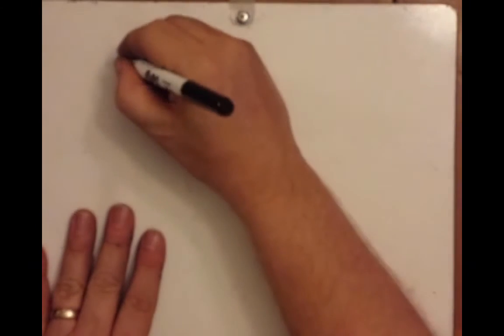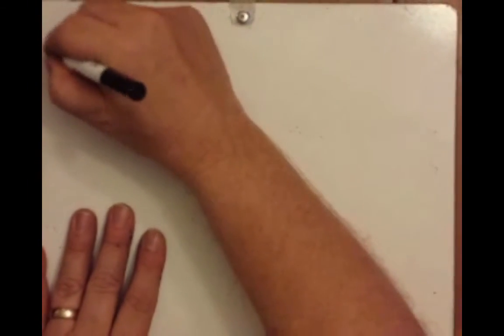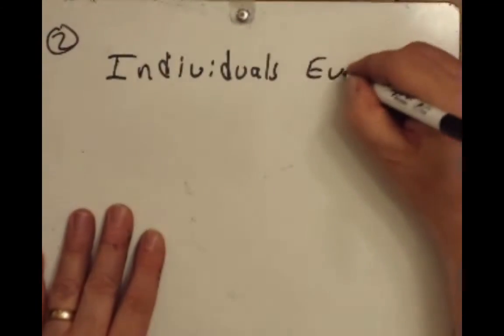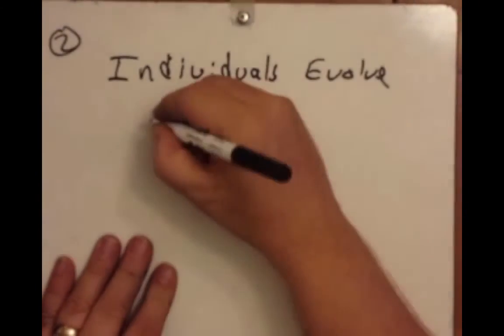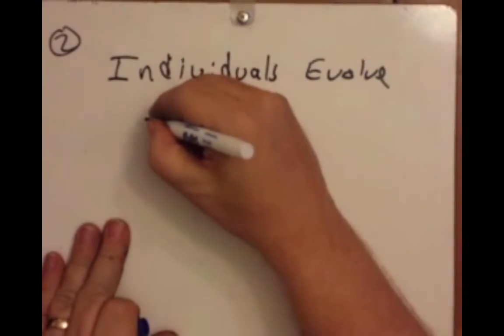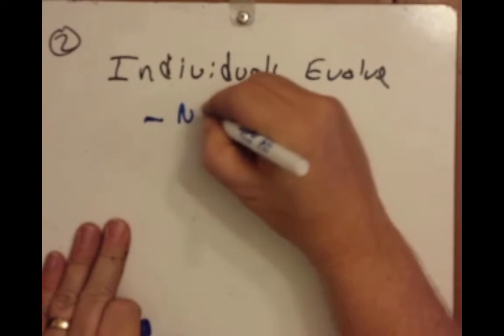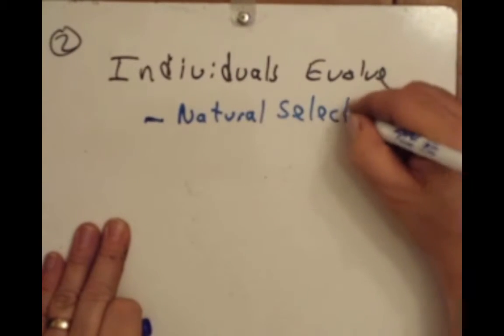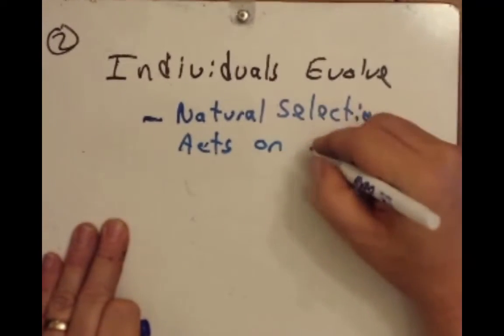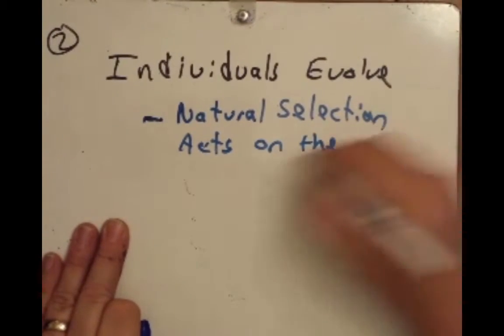Okay, the second one. Individuals evolve. We've talked about this before. So there's two important points to make here. One is that natural selection acts on the individual.